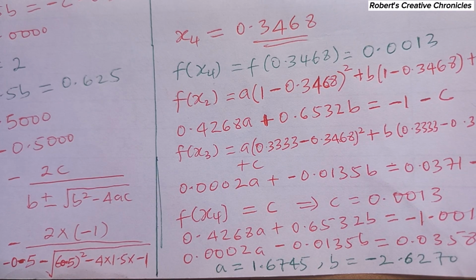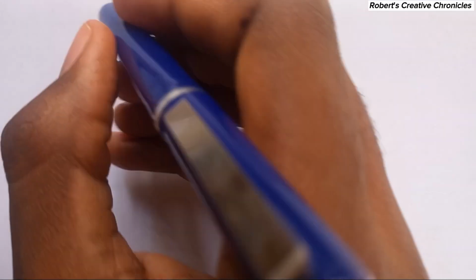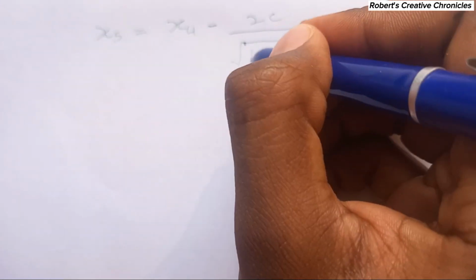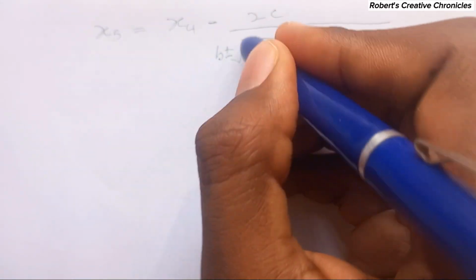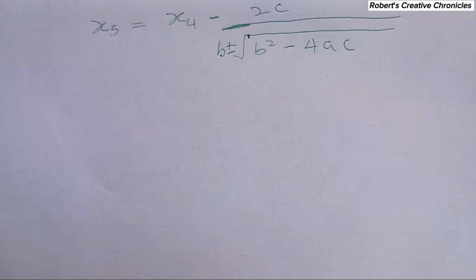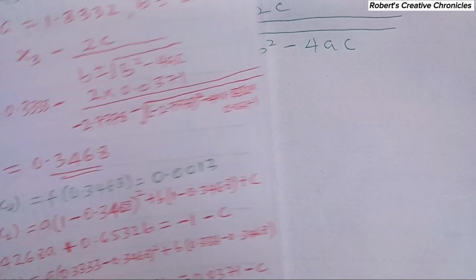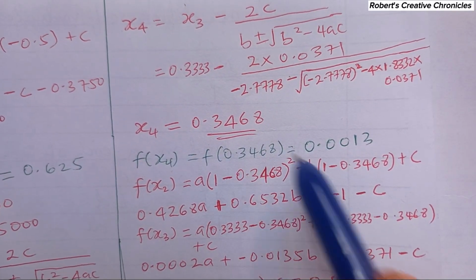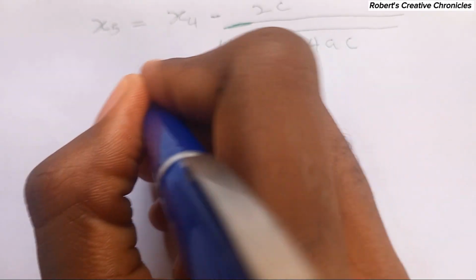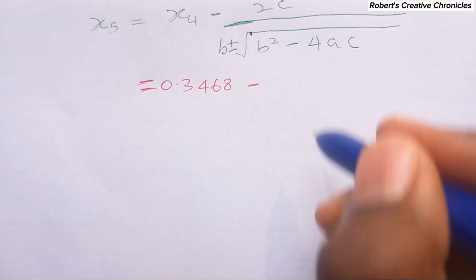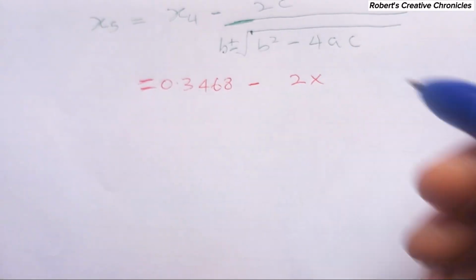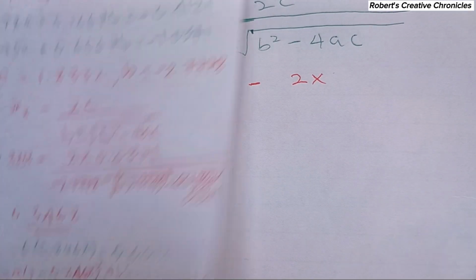So we can do the iteration now. So now x5 will be equal to what? x4 minus 2c over root of B squared minus 4ac, then there is B here, plus or minus. So now what's x4? x4 is this 0.3468 minus then 2c. 2 times, what is C?